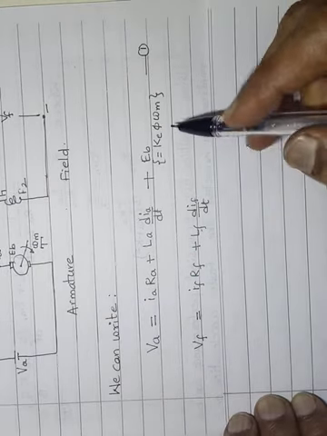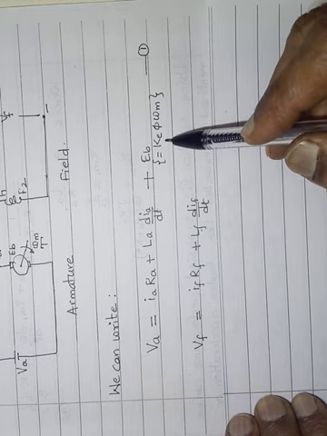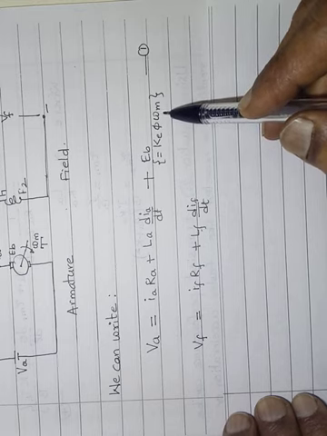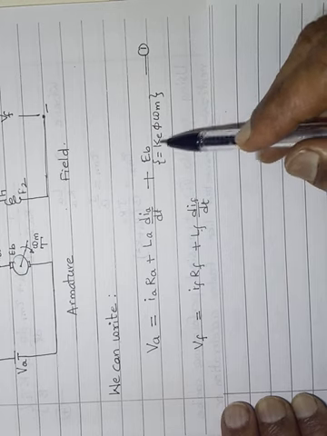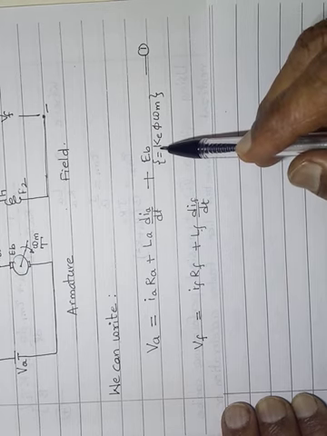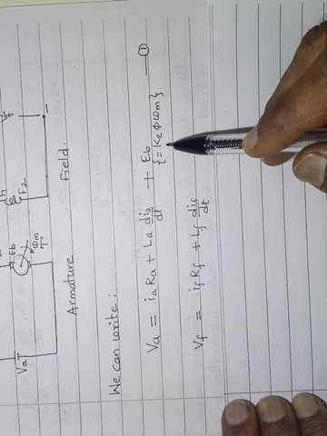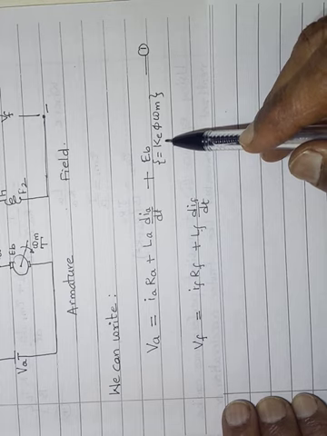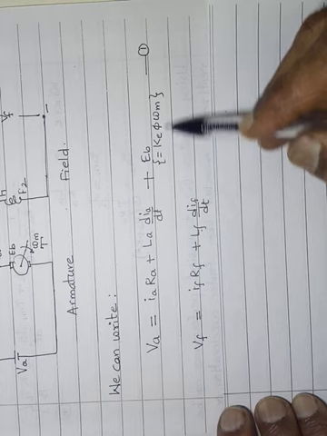So did you observe this? EB equal to KE phi omega m. You remember we wrote this equation? Back EMF is a function of flux, it's a function of speed. This is the proportionality constant. You remember that when we discussed the fundamentals of DC motor, we came across this equation.